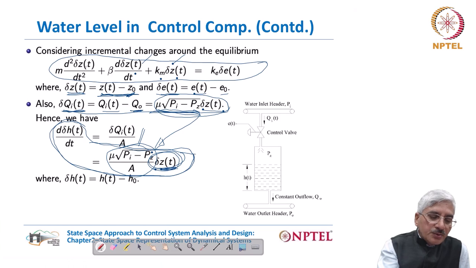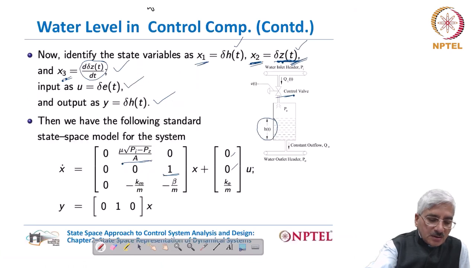So m into x3 dot equal to minus beta into x3 minus km into x2 plus ke into the applied input.